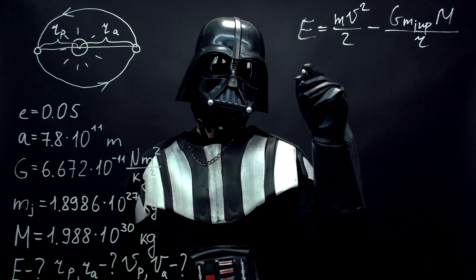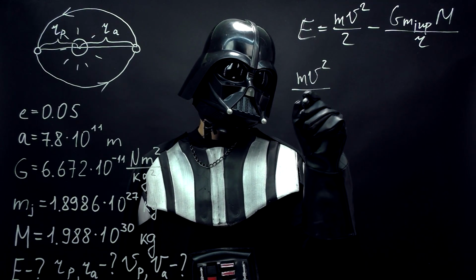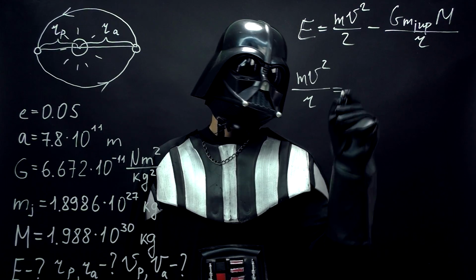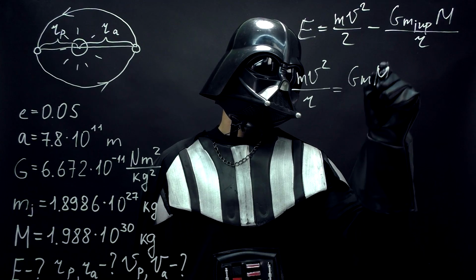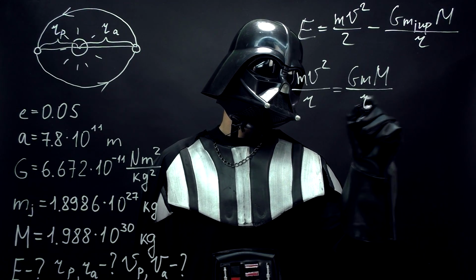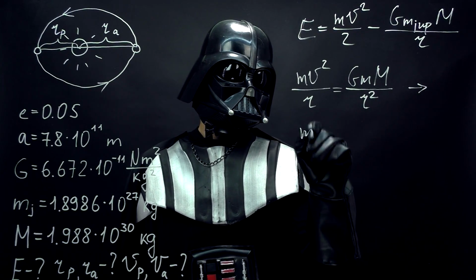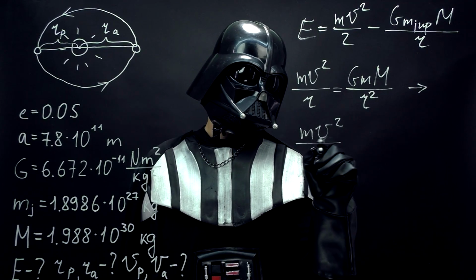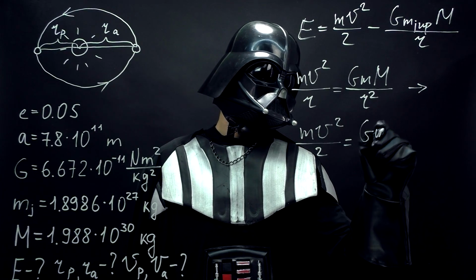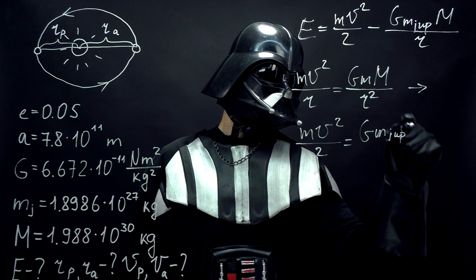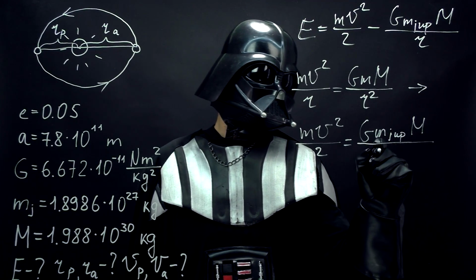Then the centripetal force is equal to the gravitational force. And this gives us that the kinetic energy is equal to G times M of the Jupiter, M of the Sun, over 2R.